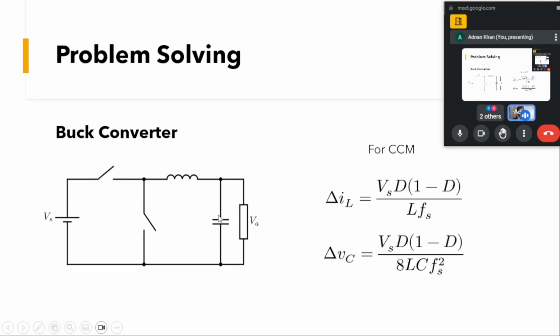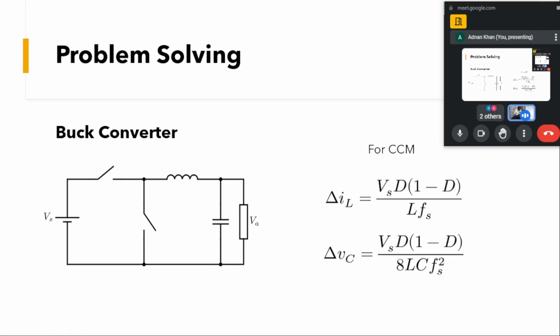If you solve those equations of the buck converter, you get the ripple given by these equations. With two equations for the two intervals, 0 to DTs and 1 minus D Ts, for the capacitor current, we get delta Vc equal to Vs D (1 minus D) divided by 8 L C f squared. This is what we taught in your course.